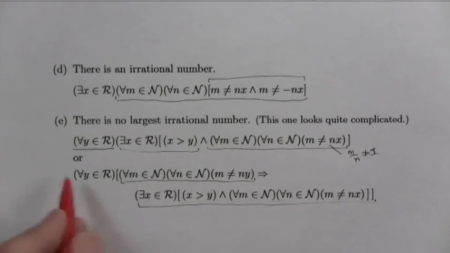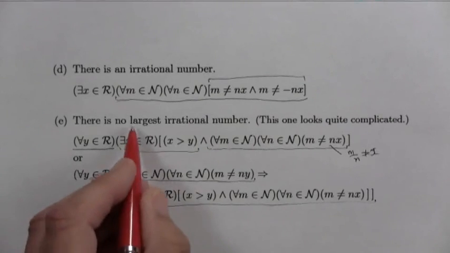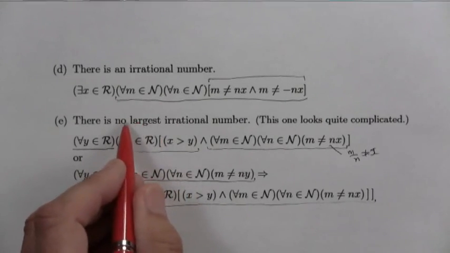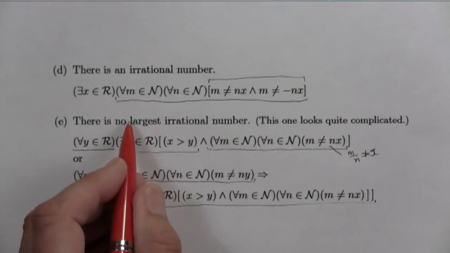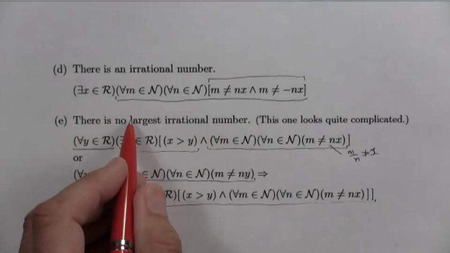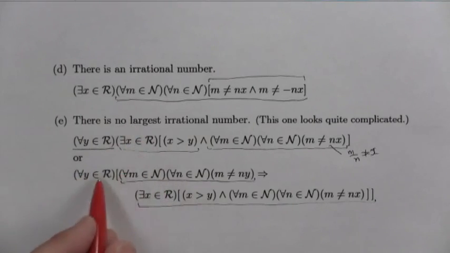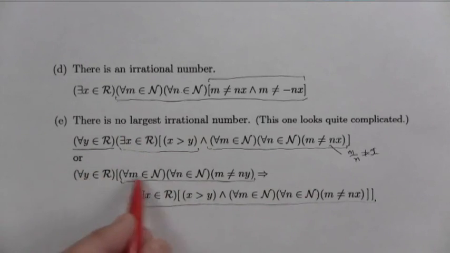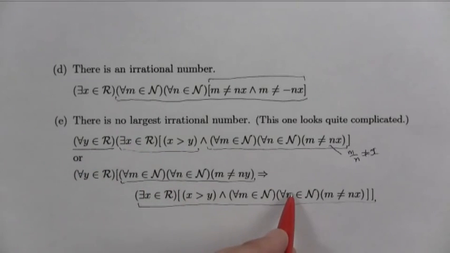Now arguably the second one is a much closer interpretation of what this means, because you could say what this is really saying is it's making a statement about irrationals, so you're really only going to mention irrationals, and that's the second version. Given any irrational, there's a bigger irrational.